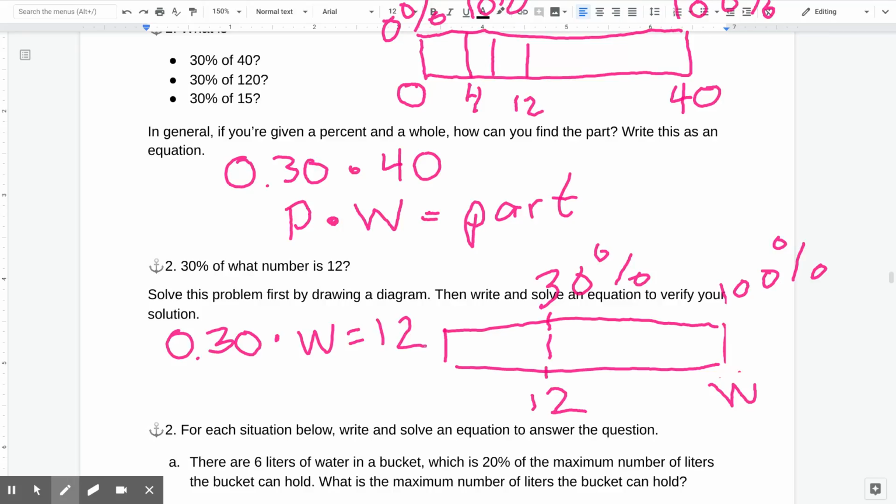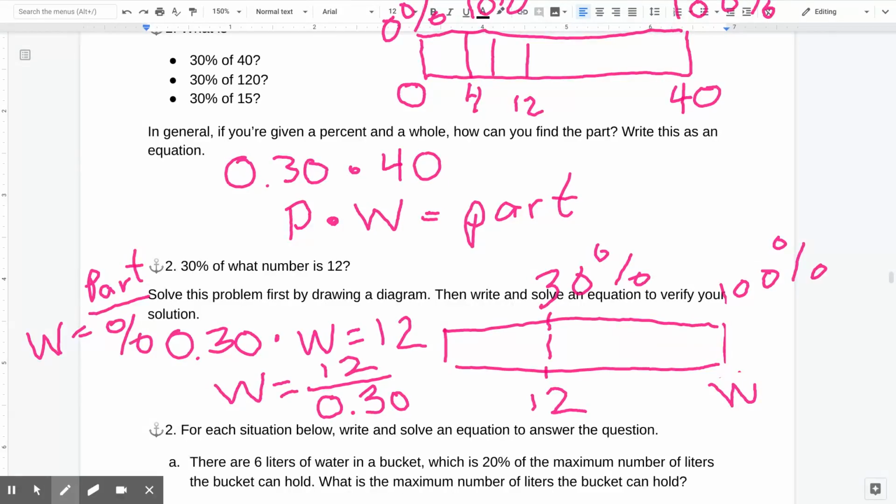So if we think back to the last lesson, that's going to give me that the whole is equal to 12 divided by 30% written as a decimal. Or to simplify that, I could say that the whole is equal to the part divided by the percent if I write the percent as a decimal.